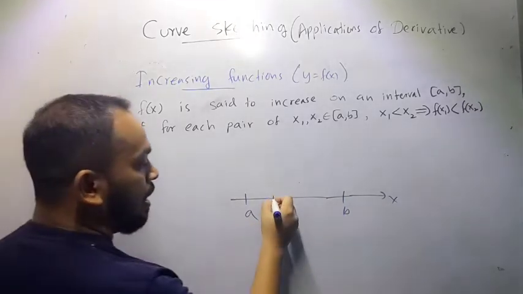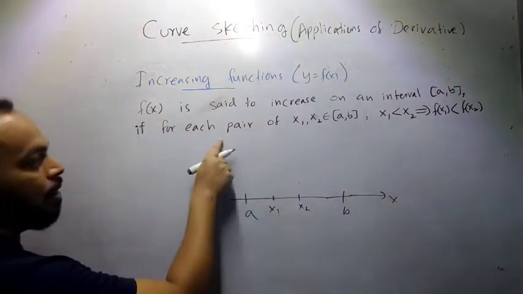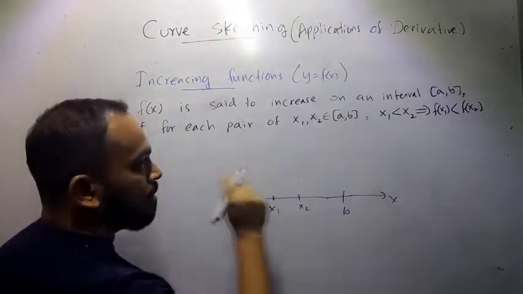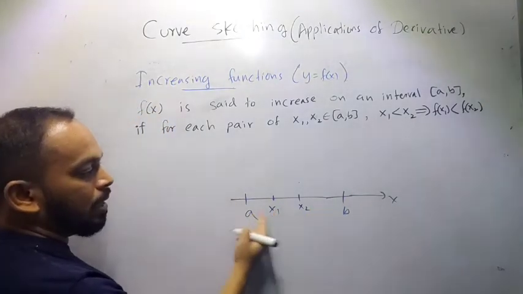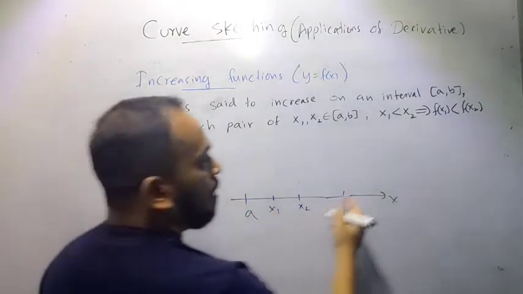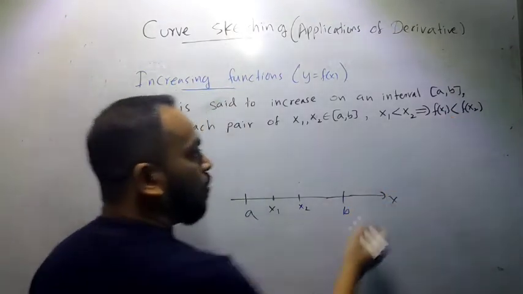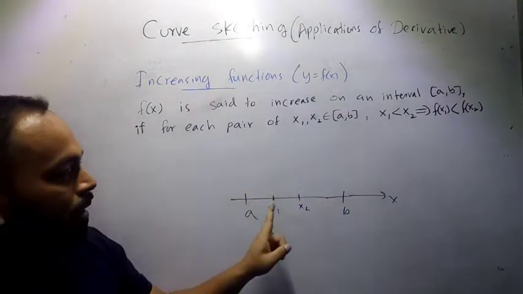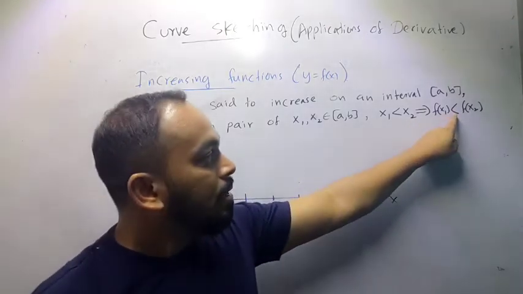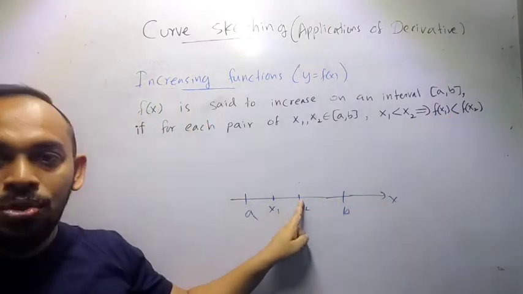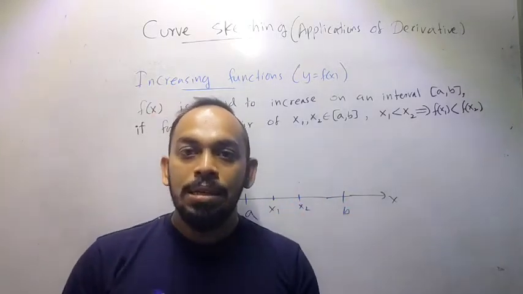If we choose any pair x1, x2 where x1 is less than x2, so x1 is closer to a than x2, and this implies f of x1, the y coordinate of the function at this point, is less than the y coordinate of the function at this point, then we say the function increases on this interval.